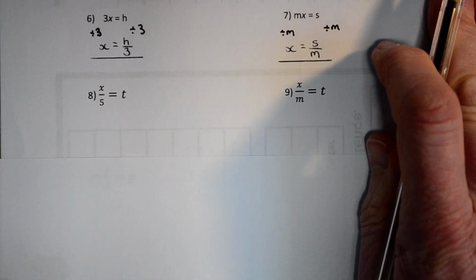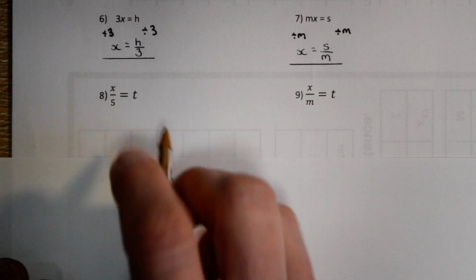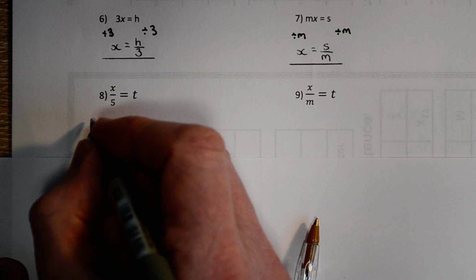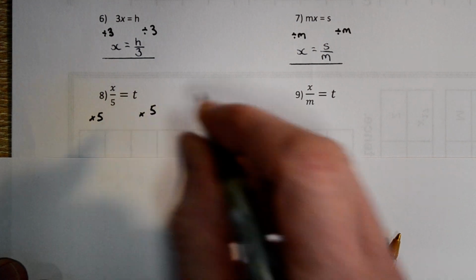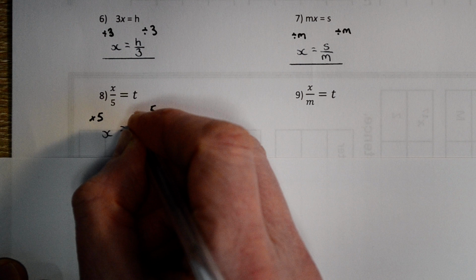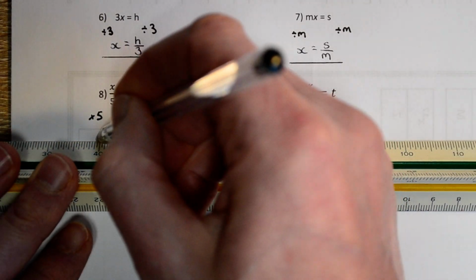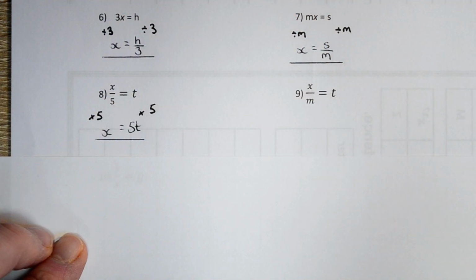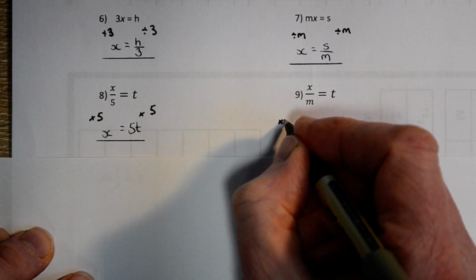And to finish off, we're going to have 3 divisions. So first of all, x is divided by 5, so we do the opposite. And again, multiply by what the divisor is.